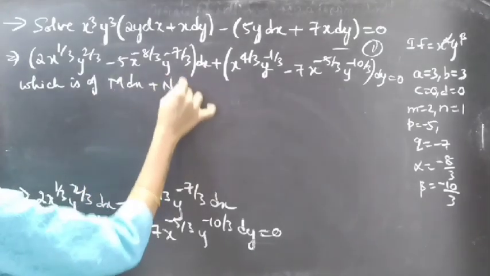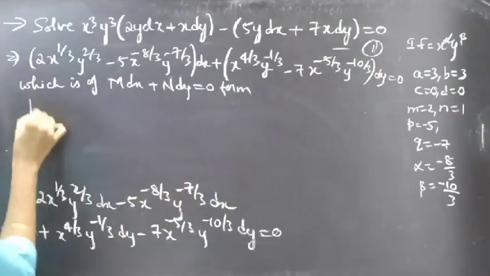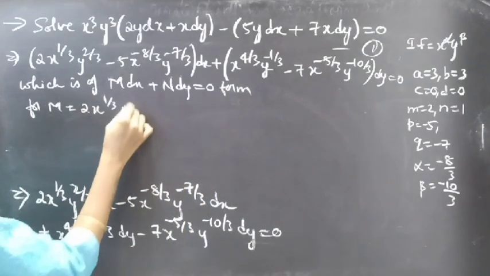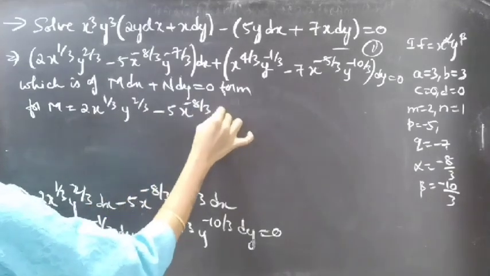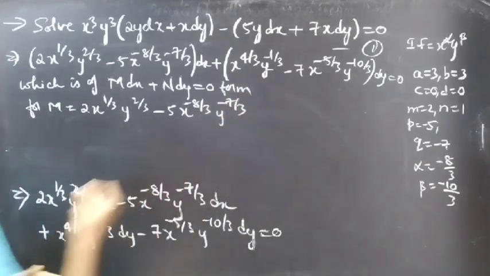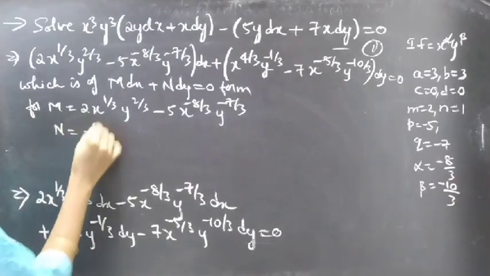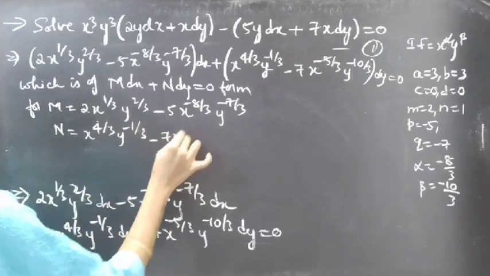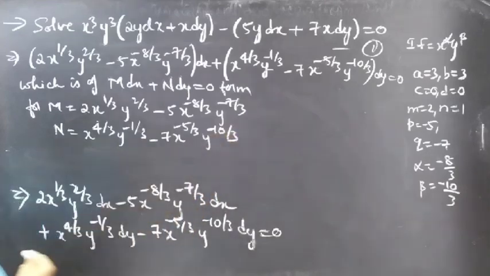Which is of Mdx plus Ndy equal to 0 form, for M equal to 2x power 1 by 3 y power 2 by 3 minus 5x power minus 8 by 3 y power minus 7 by 3, and for N equal to x power 4 by 3 y power minus 1 by 3 minus 7 into x power minus 5 by 3 y power minus 10 by 3.